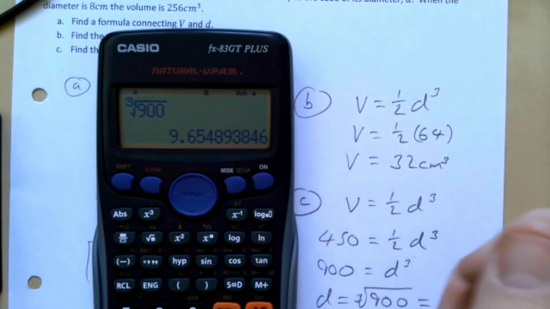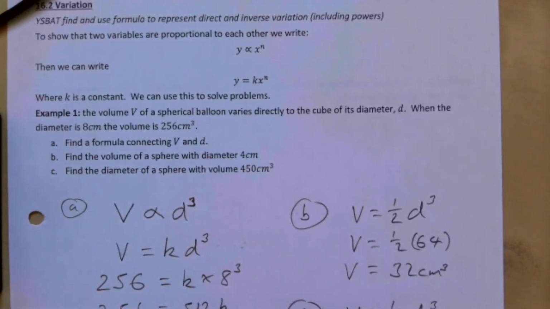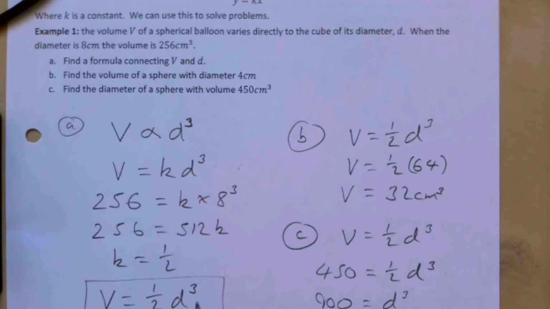And we have then 9.65, to 2 decimal places, centimetres. So that's regular proportion. As this one gets bigger, this one's going to get bigger. And now the half in there is going to affect things, but as one gets bigger, the other one gets bigger.